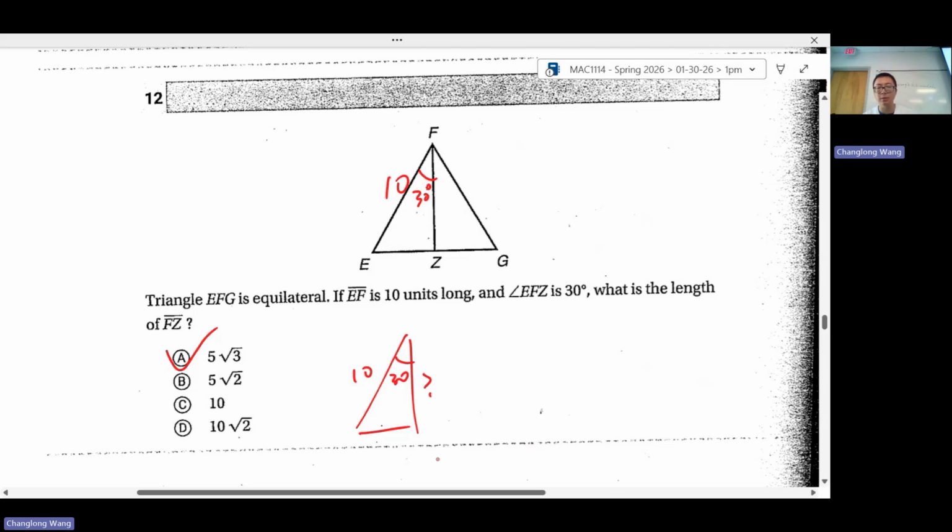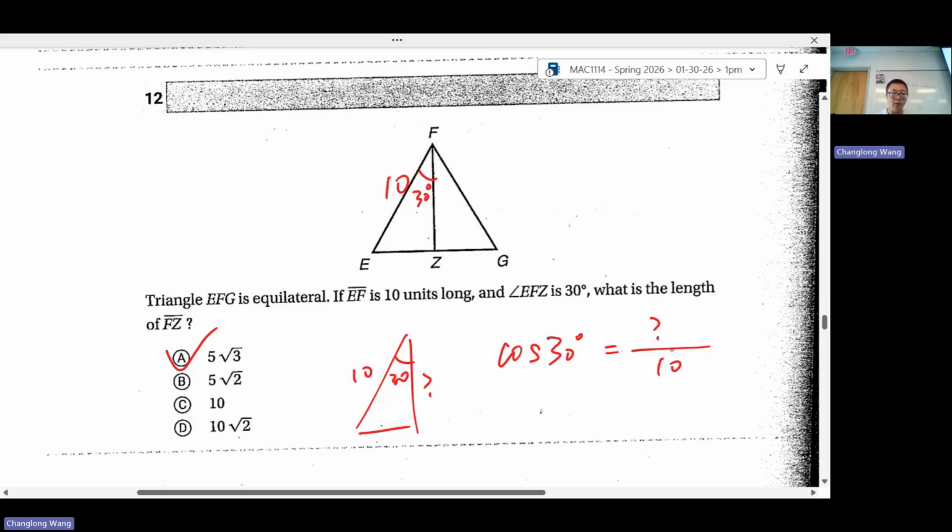That's the adjacent side of the 30. So now what you do is recall which function, sine, cosine, or tangent, relates the adjacent and hypotenuse. Cosine. Cosine 30 degrees is the question mark over 10.